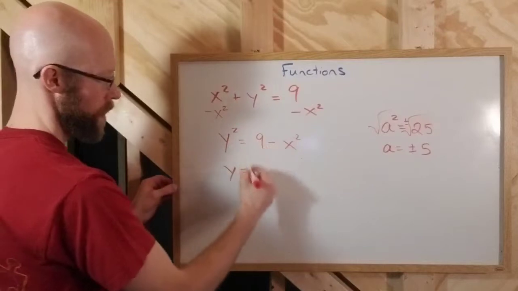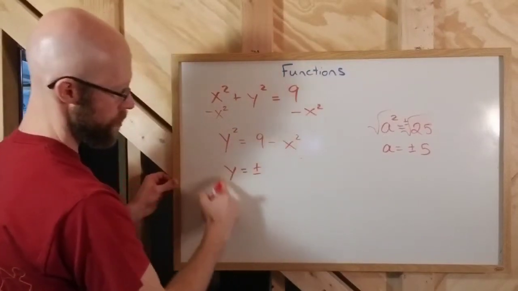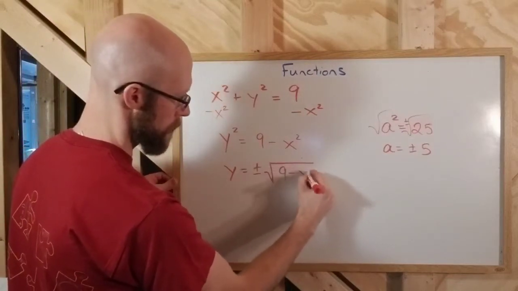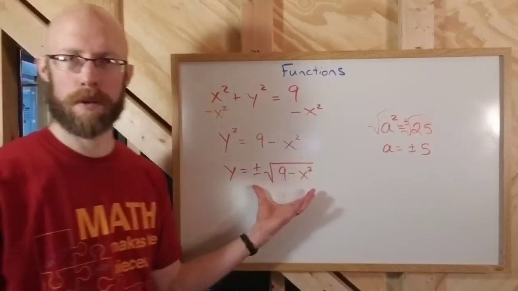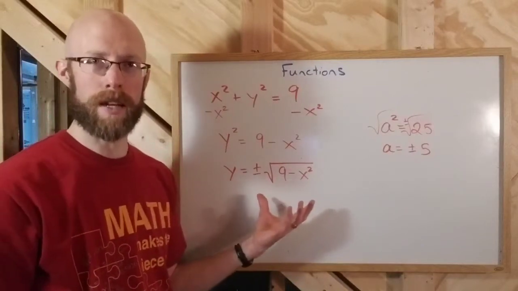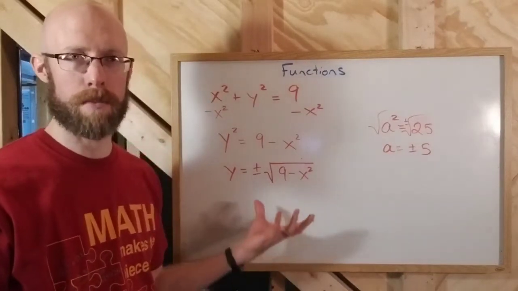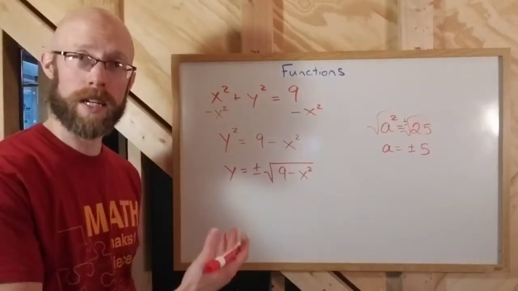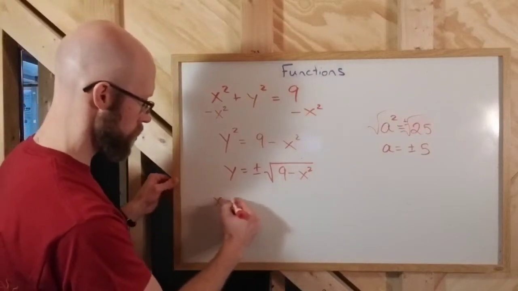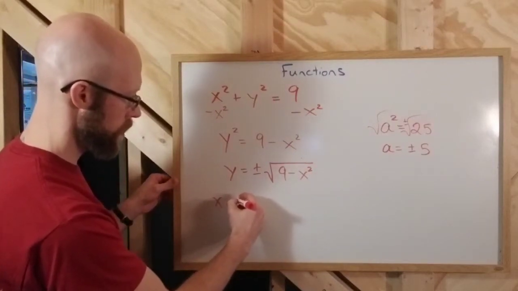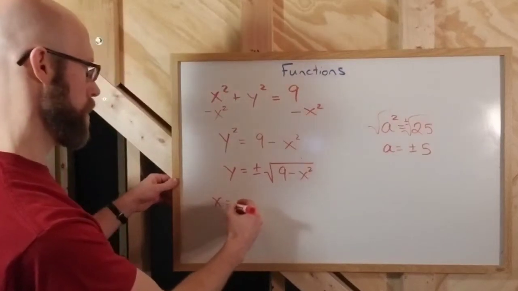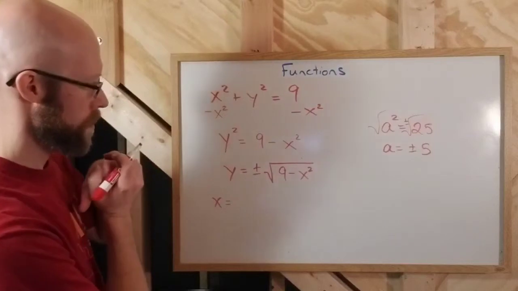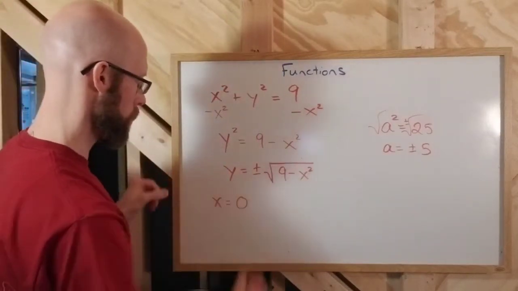Same thing here. The square root property would say that the answer would be plus or minus the square root of 9 minus x squared. It's a bit of a complicated expression, but that's mathematically accurate. The problem is this: if I try to plug in x values, let's say x is equal to 0, that'd be a good one.